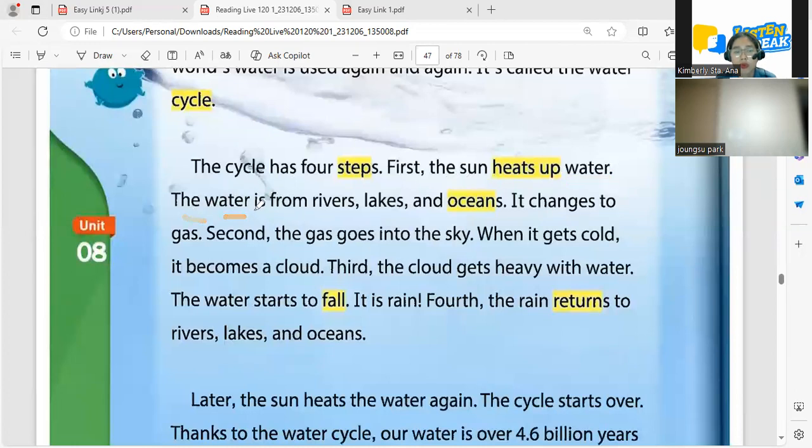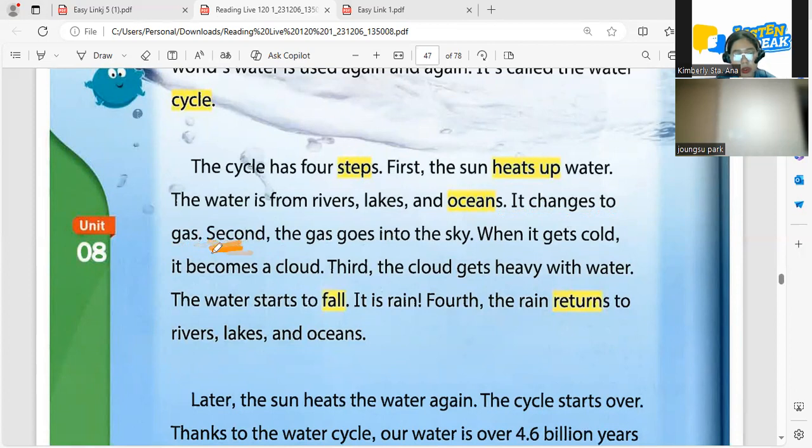The water is from rivers, lakes, and oceans. It changes to gas.